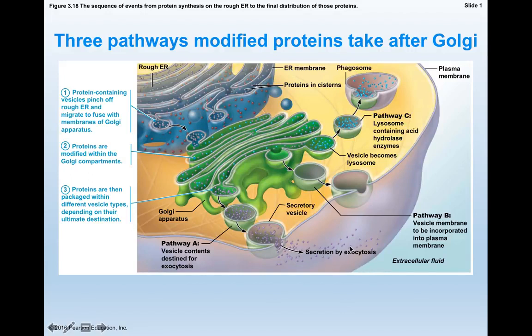So you secrete the molecules or proteins via exocytosis. The second option is that the components are merged with the plasma membrane and used as part of the plasma membrane. The third option is that those proteins and components are used directly within the cell itself. So your options again: release them outside, embed them into the plasma membrane, or use them within the cytoplasm.